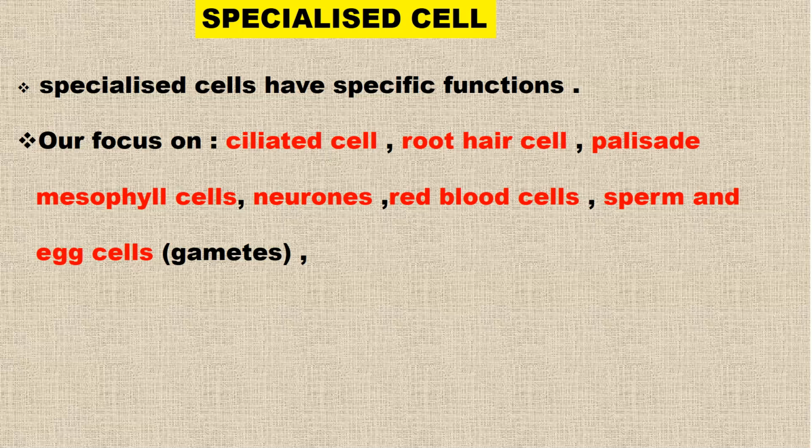Specialized cells, let us look at the specialized cells. Now, when you talk of specialized cells, we know that a cell is made from already existing cells. Now, when these cells are made, when they are still young, they are the same in terms of what they contain, shape, and also structure.